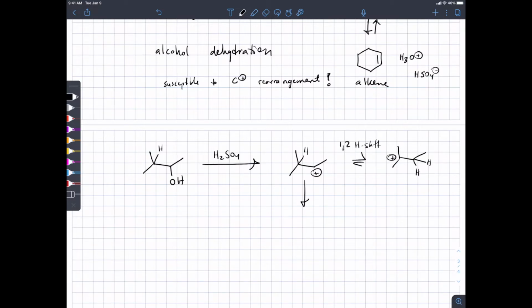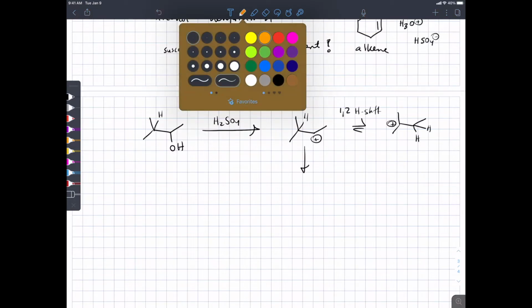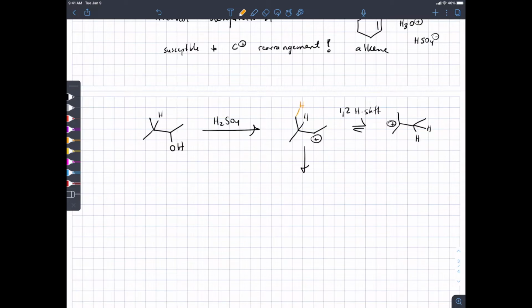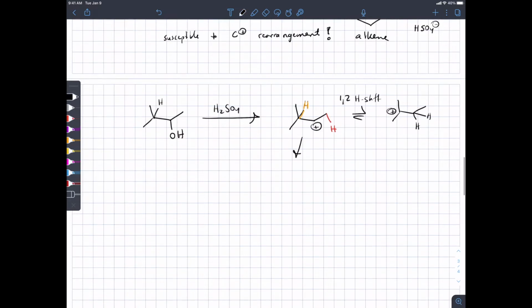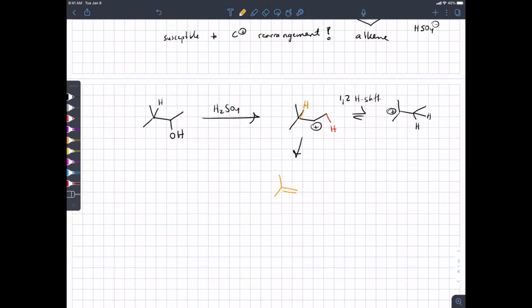And then we can get elimination products from all of these. So here is a beta proton. Nope, sorry, that's not a beta proton. Here's a beta proton, and in red is another beta proton. So from this non-rearranged carbocation, we could expect to get this product or alternatively this one.